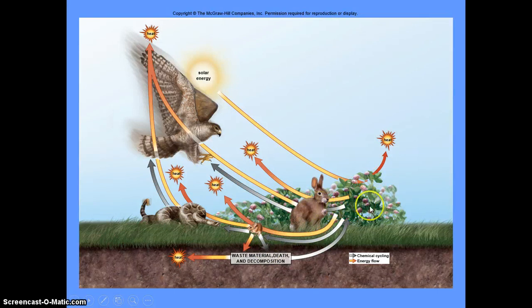So we see it going from the plant to the rabbit, and from the rabbit to the hawk in this case. And then we also have decomposition that happens and chemical cycling that's going on, as those chemicals from the dead and decaying organisms or from the feces and waste that are put off are cycled back into other forms that can be used again in the cycle.